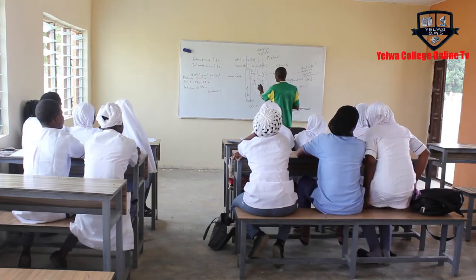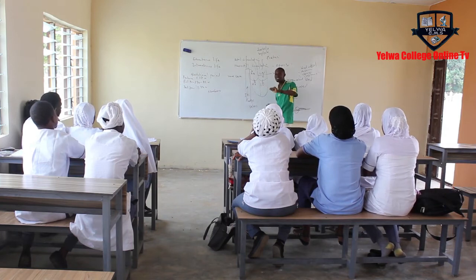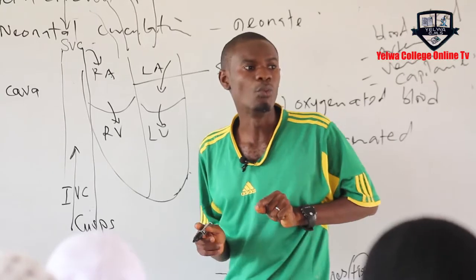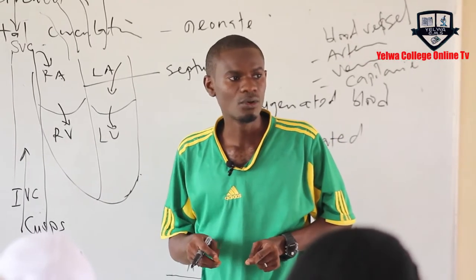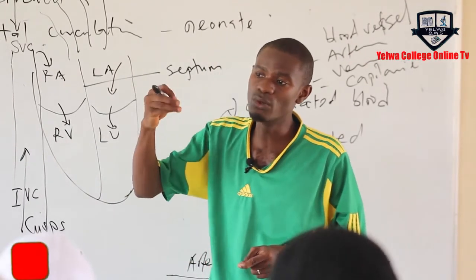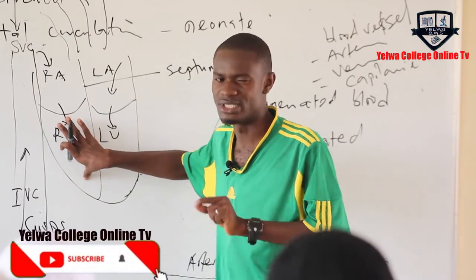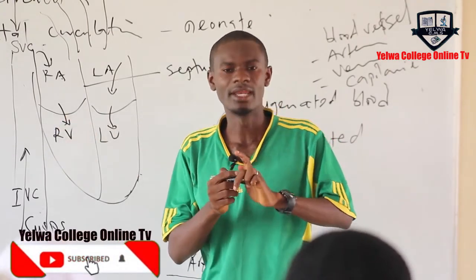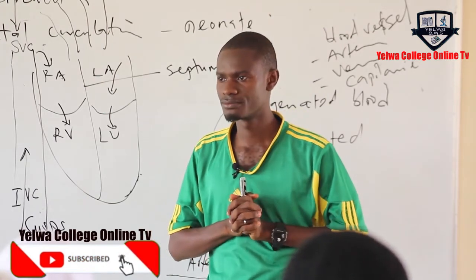Now, what is the destination of the blood in the right ventricle? Since the blood is deoxygenated, we need to refill that blood. The blood needs to be refilled with what? Oxygen. Because the blood there now is what? Deoxygenated blood. Now, the reservation for oxygen in our body is the lungs.